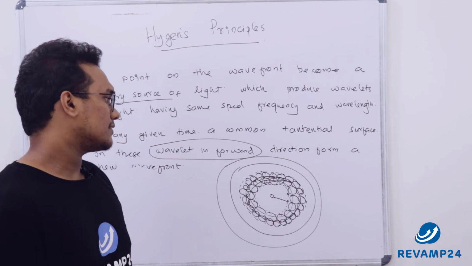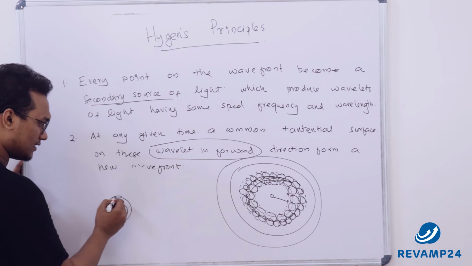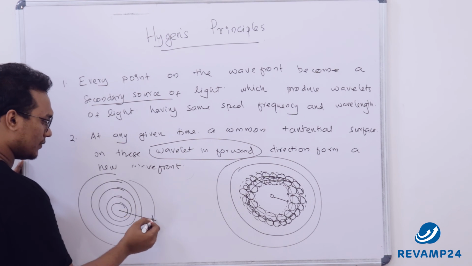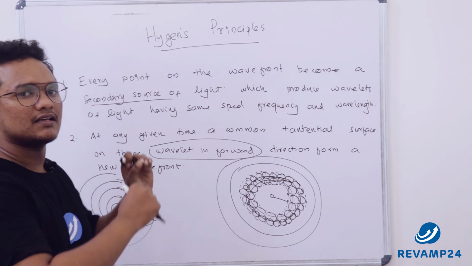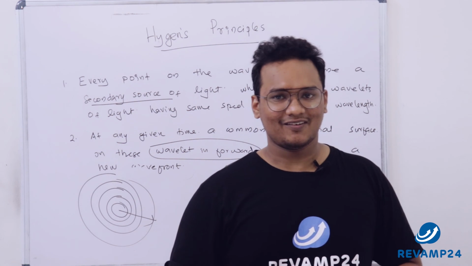This is how it is generated. A wavefront creates the next wavefront, which creates the next wavefront, and the wavefront is propagated in this direction. So this is Huygens' principle. This is the most important concept for the chapter on wave optics. Okay, thank you.